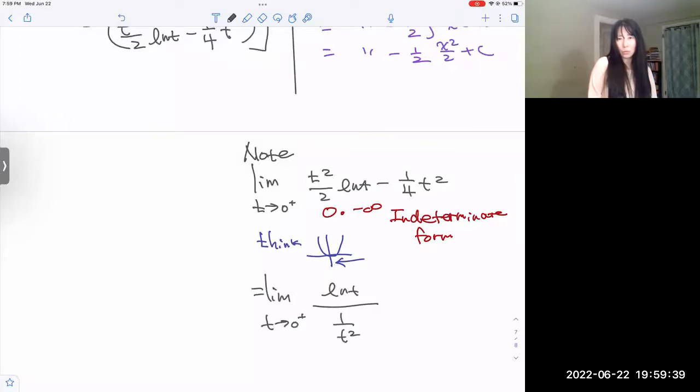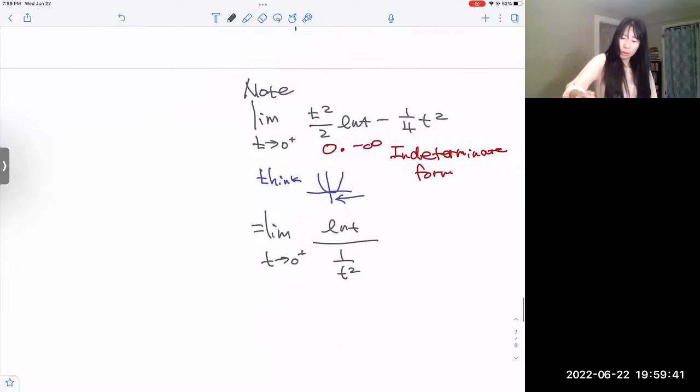Yes, good. Now, look, ln t as t approaches 0 from the right is negative infinity, and this is positive infinity, right? So which is also an indeterminate form.